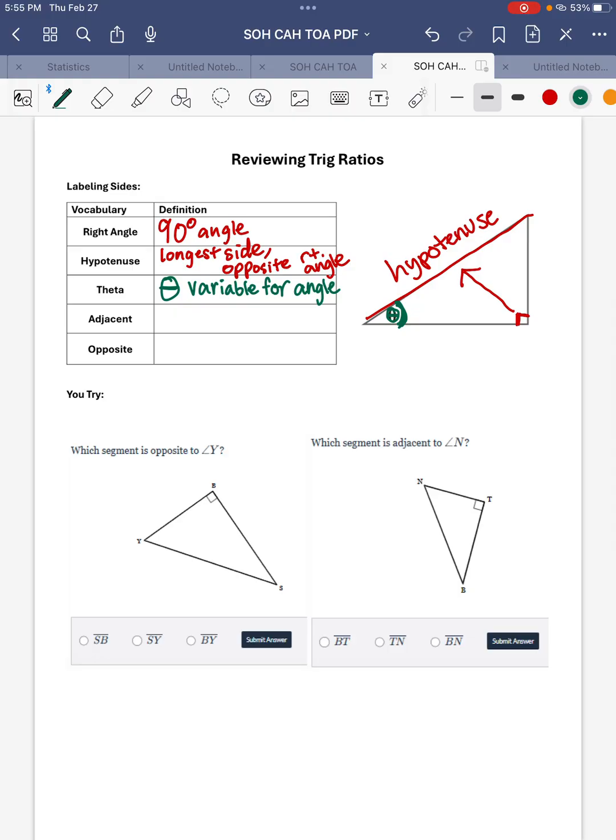Once you've found your angle, you can draw an arrow to the opposite end, and that opposite side is your opposite. So the opposite is just the side that is opposite the theta.